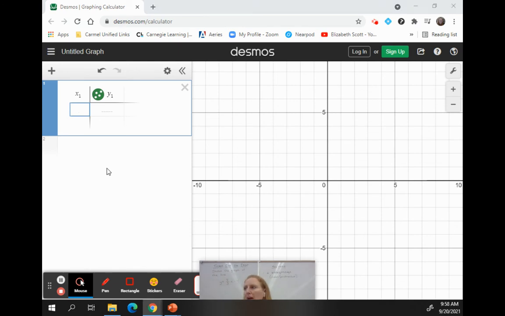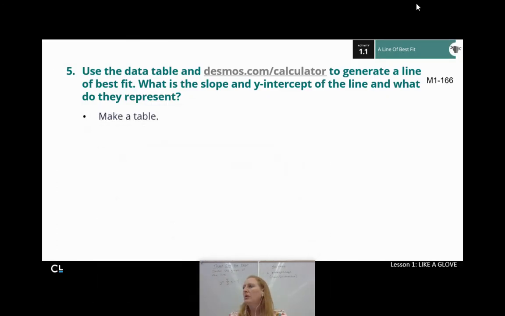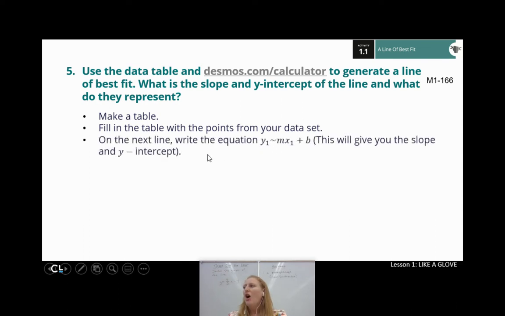Once you have filled in your table with points from your data set, on the next line, you're going to type in this equation: y sub 1 is approximately m times x sub 1 plus b. And what this will do is it will give you your slope and y-intercept and allow you to write your new equation. All right? So let's come back over to Desmos.